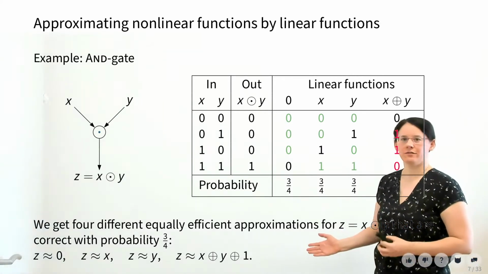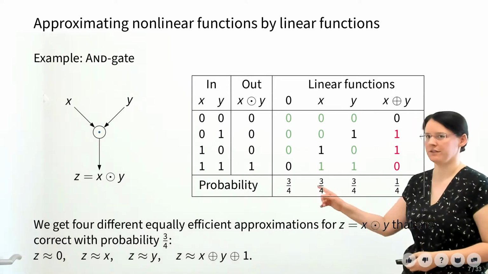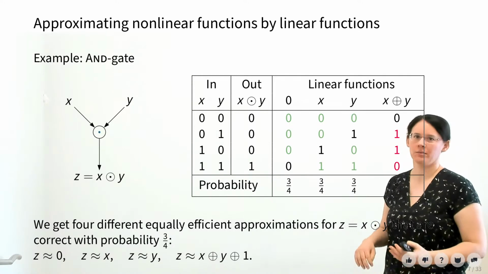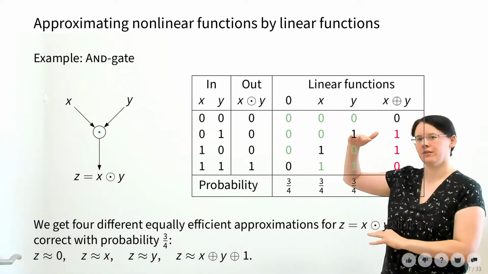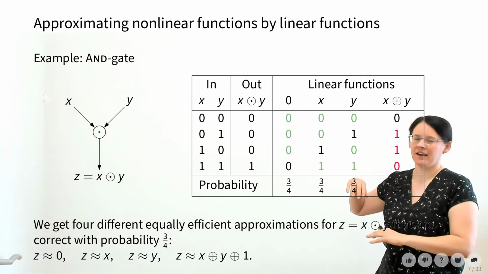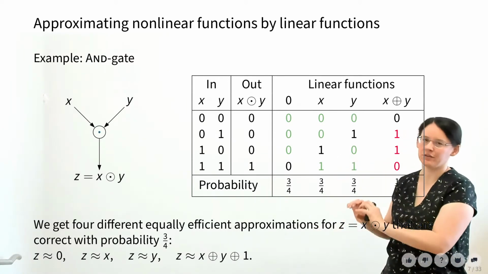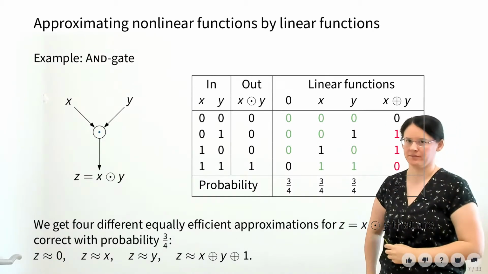So this means we have 4 candidate linear approximations of this one gate. And what we now want to do is extend this sort of approximation through the whole cipher, so that at the very end I can approximate the complete output or part of the output from the input in a completely linear fashion.